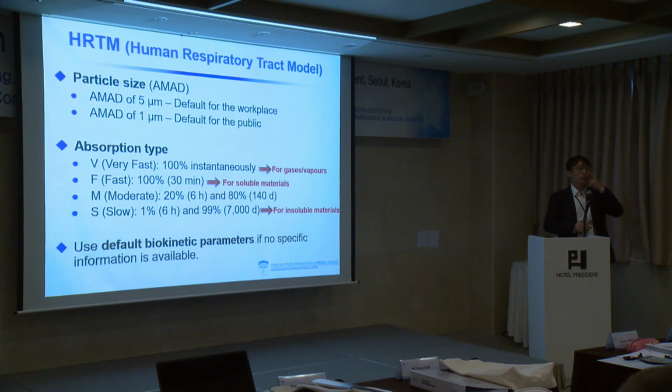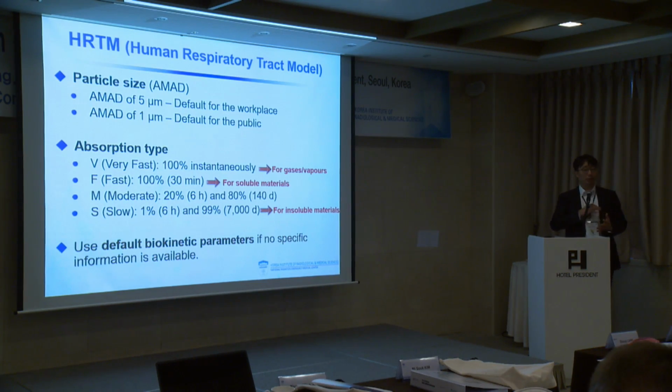But if you don't have any information about this, ICRP just recommends the default biokinetic parameter in the HRTM. So you'd better just use the default value if you don't have any information. But if you have this information, considering the site or the affected area, you'd better use the site-specific information to estimate the internal dose more accurately.